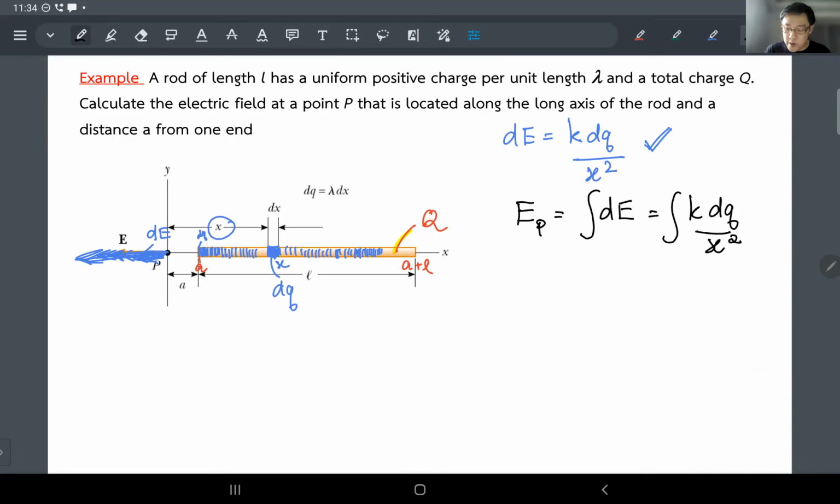So you do the calculation from the left end of the rod. It starts when x equals a. That's the left end. And then you do the summation by varying the x value until you reach x equals a plus L. Wow, that's not bad. Almost done, except, John, you are integrating over the dq variable, the q variable, but your integrating variable is x.